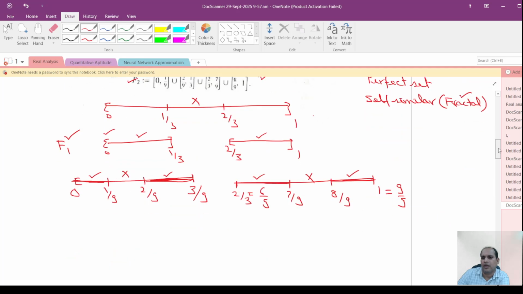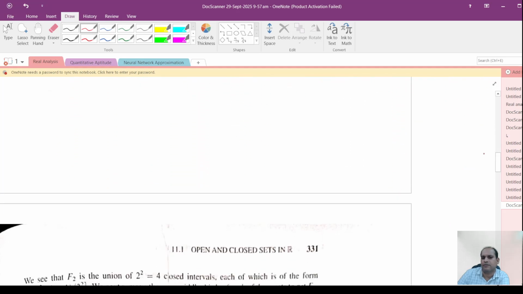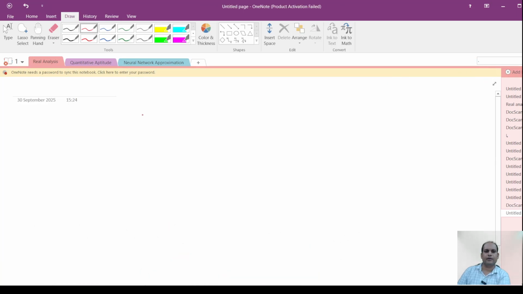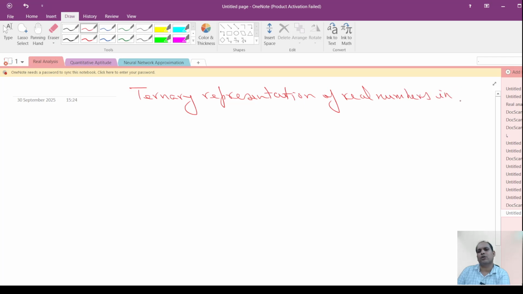If we recall the ternary representation of real numbers in the closed interval 0 to 1, for other real numbers we can do a translation.